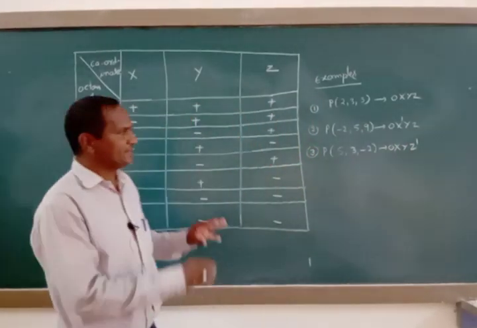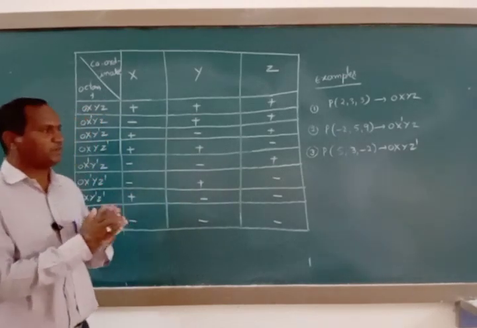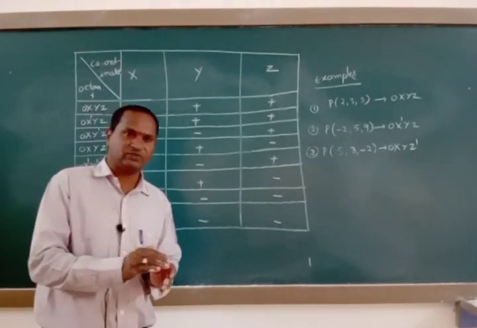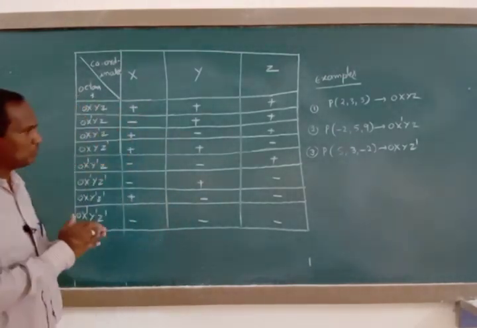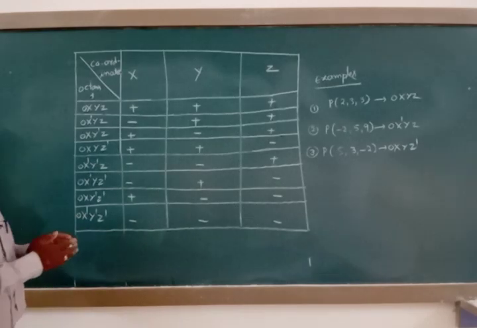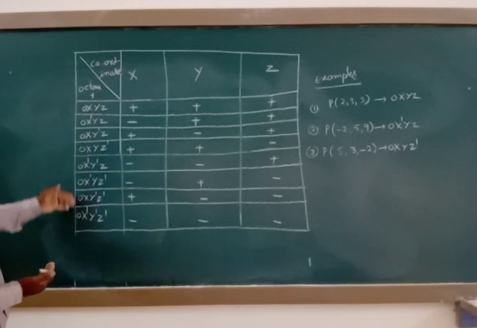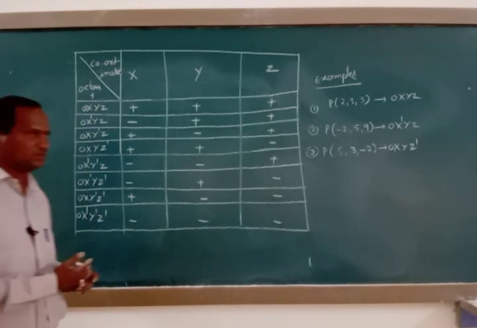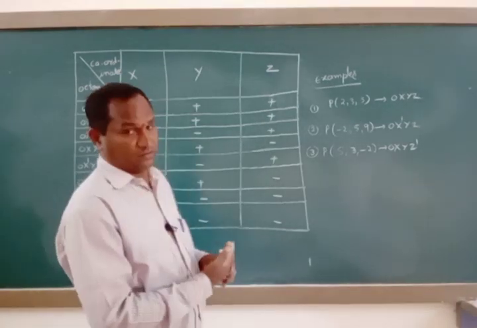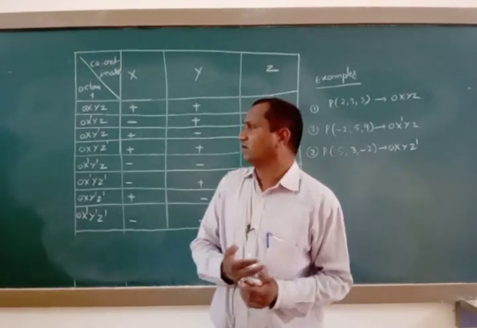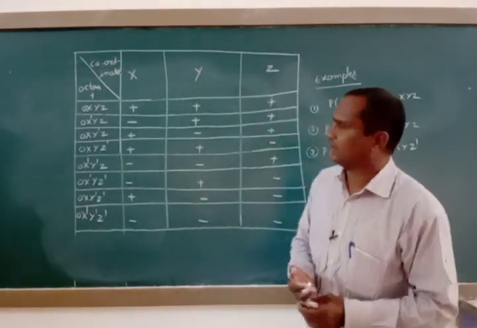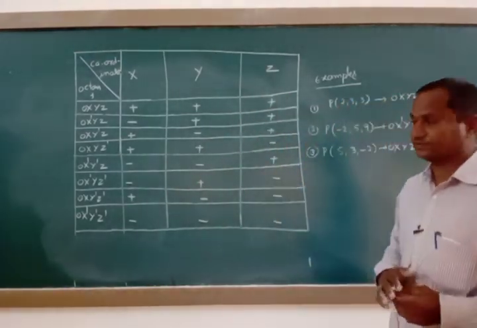Like that, based on the signs, whether positive or negative, we allot the octants using this table. That is what I told about planes and octants: 6 planes and 8 octants here.